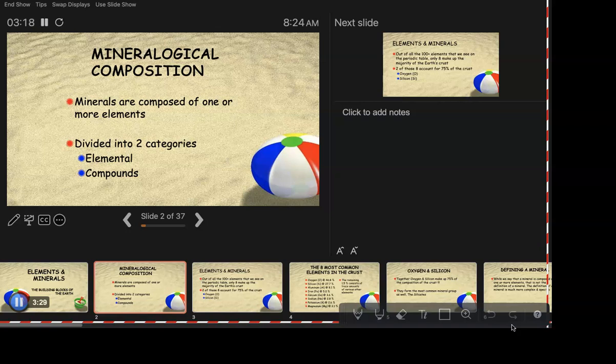Gold, silver, stuff like that. Copper. They are minerals, but they're also just straight up elements. Whereas something like halite, salt, is sodium and chlorine. It's a compound, so on and so forth. So, just laying some groundwork here.